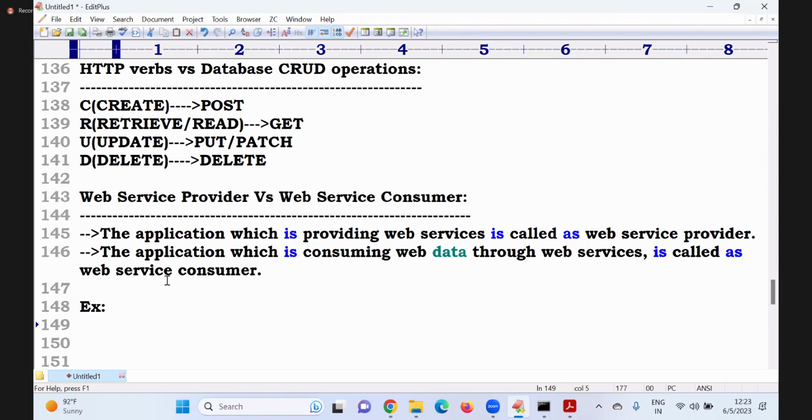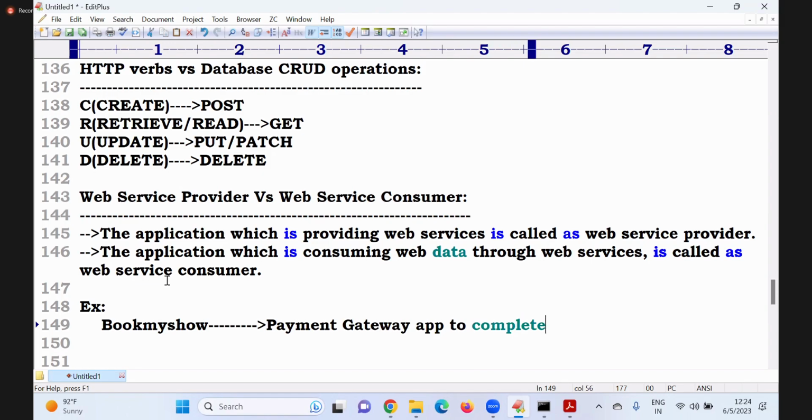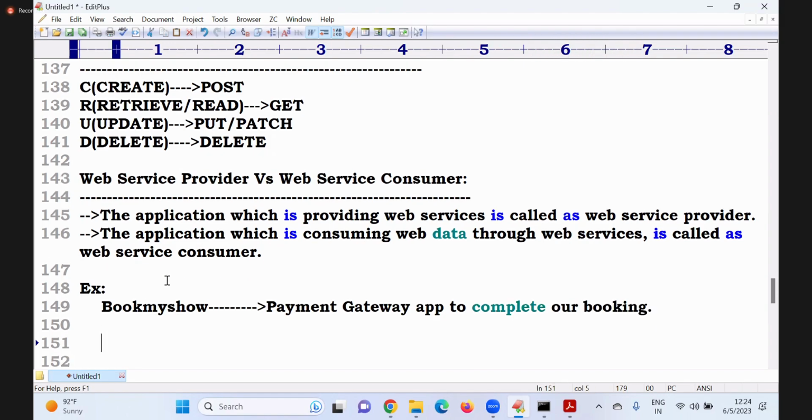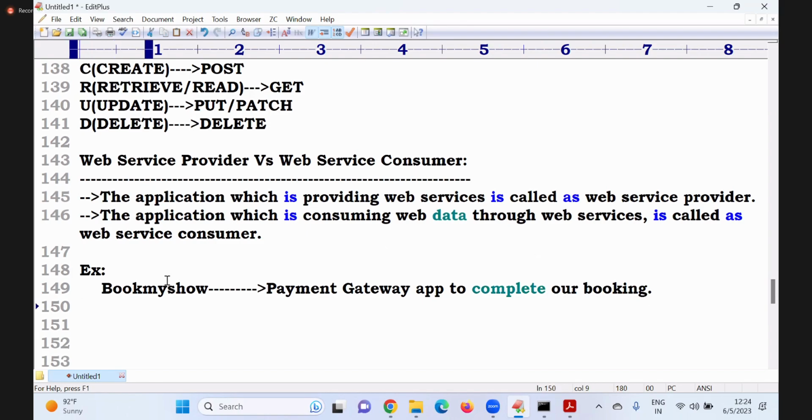Let's take a simple example: the Book My Show application. What does it contact? The payment gateway application to complete our booking. The end user never uses the services directly.